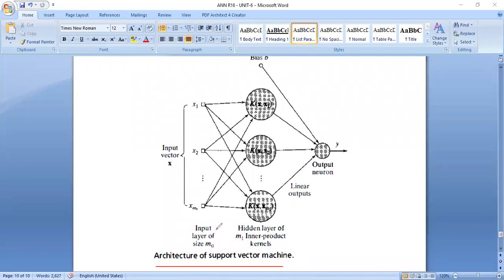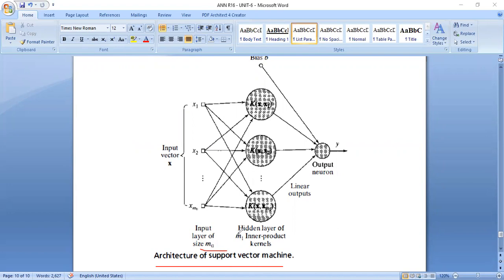The first one is the input layer of size m0. There are m0 dimensions, from 1 to m0, or input nodes in this network. It is represented using x1 to xm0, right?